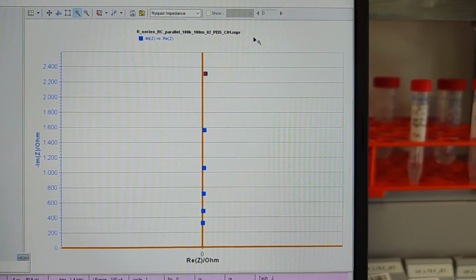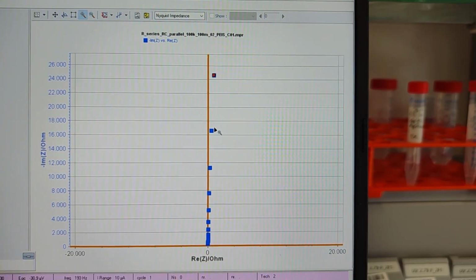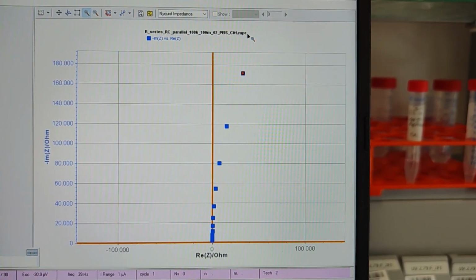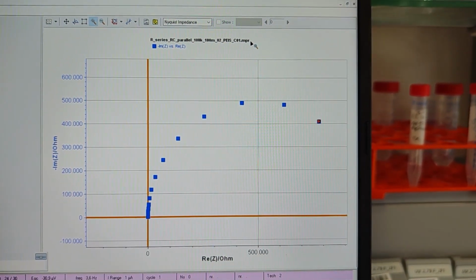As the spectrum begins to form here, you see that for high frequencies we begin on the imaginary axis near the origin. And now with ever lower frequencies, the shape of a semicircle begins to form.